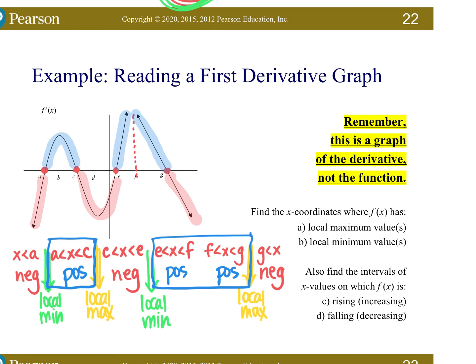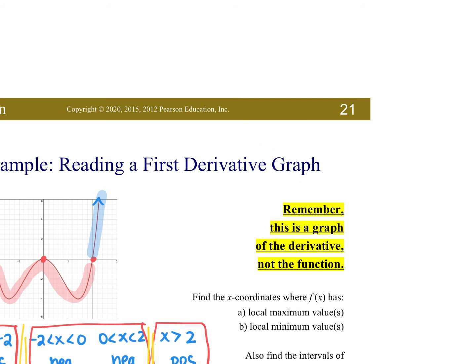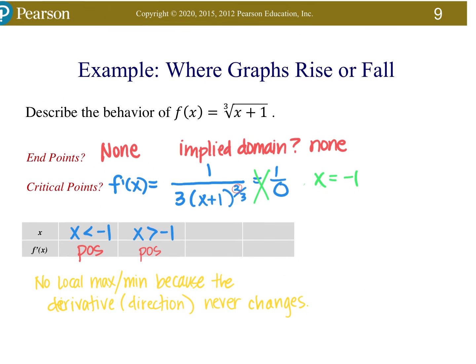All right, you guys did a ton today. So we did two different things that used the same chart method. We used the chart method off of graphs. You always identify the endpoints and the critical points first. If you have an equation to work with, let me zoom back up here a minute, then you identify your endpoints and your critical points by hand, and you work it out, and you cross multiply.